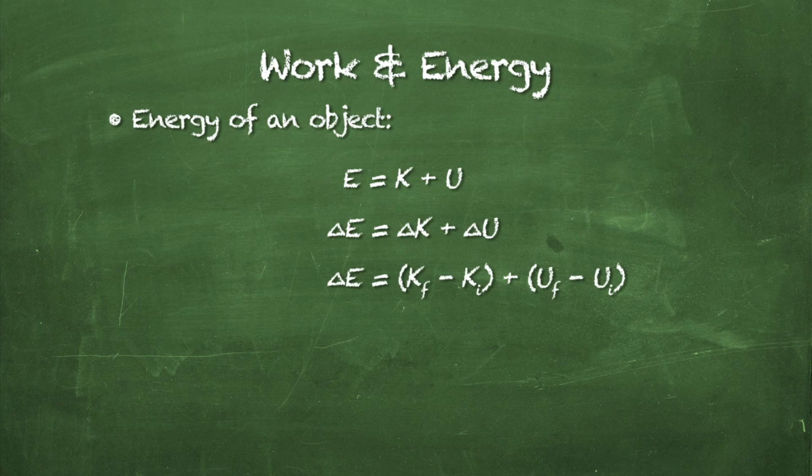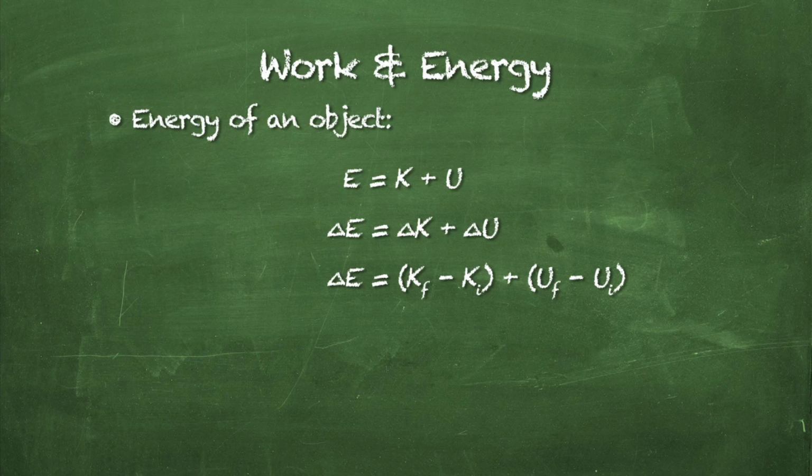The change in kinetic energy is the final kinetic energy that an object has at the end of our interval minus the initial kinetic energy that an object had at the beginning of whatever interval we're considering. And similarly for the change in potential energy, that would be the potential energy final at the end of the interval under consideration minus the potential energy initial, the potential energy that the object had at the beginning of the interval. Or in other words, delta E is equal to K final minus K initial plus U final minus U initial.